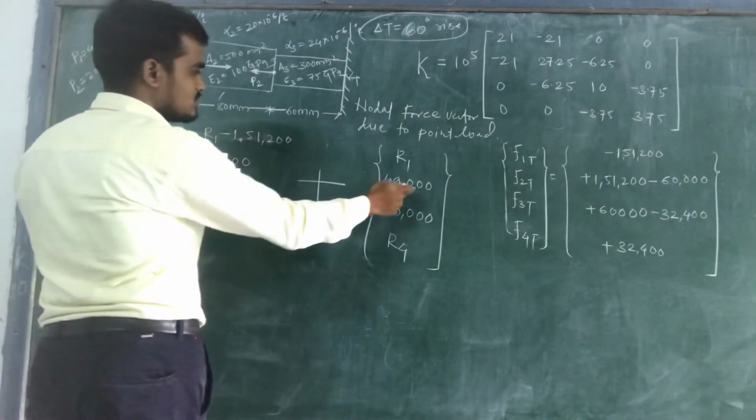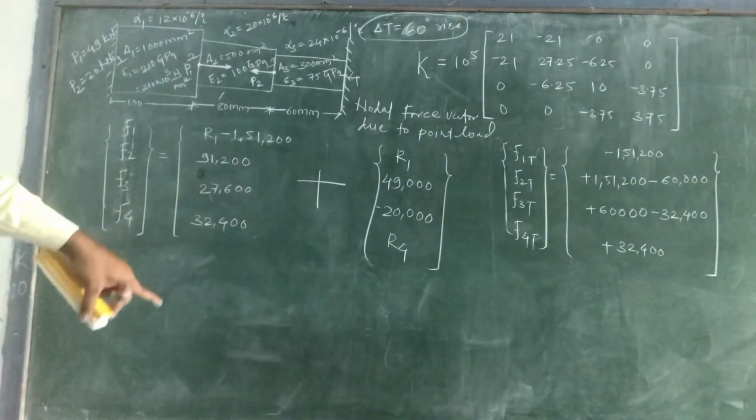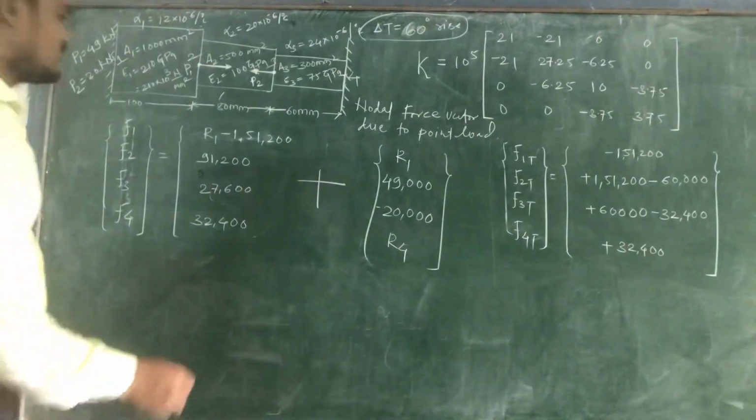91,200 plus 49,200, so 91 plus 49. This will become finally equal to 1,40,200.